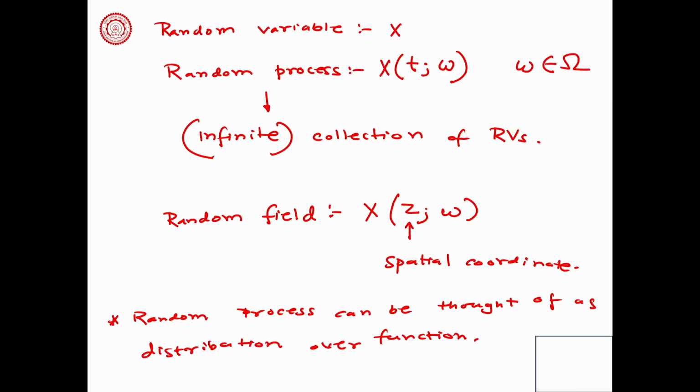Now with this interpretation, what is a Gaussian process? It is a Gaussian distribution over functions, as simple as that, right. It is a Gaussian distribution over functions, correct.